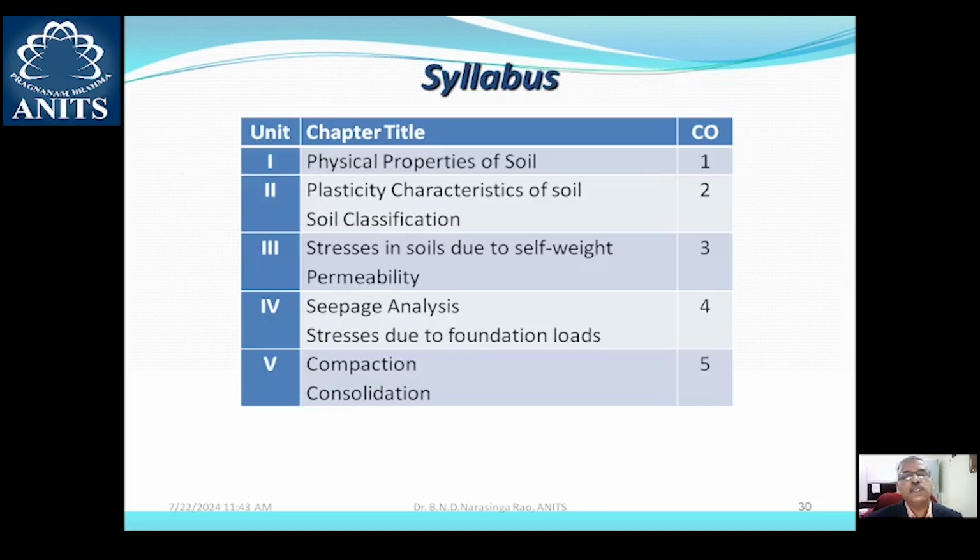This is the syllabus for GT1, and different units are there, 1 to 5, and different chapters are there. We are currently in the physical properties of soil, the first chapter and first unit.